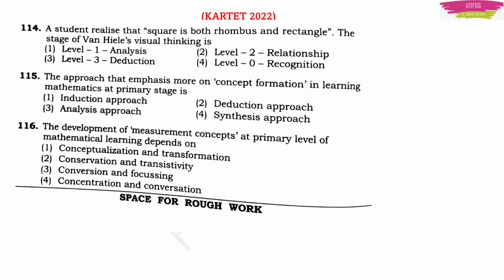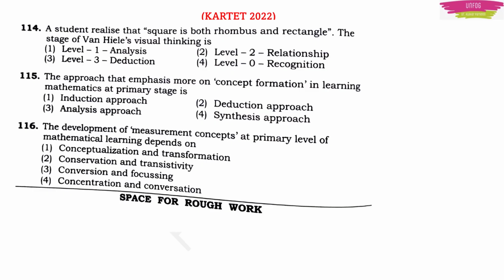Actually in Van Hiele's visual thinking there are 4 levels, level 0, level 1, level 2 and level 3. So the question is, the student has realized that square is both rhombus and a rectangle. So which stage of visual thinking is this in Van Hiele's visual thinking? The question is asking like that.